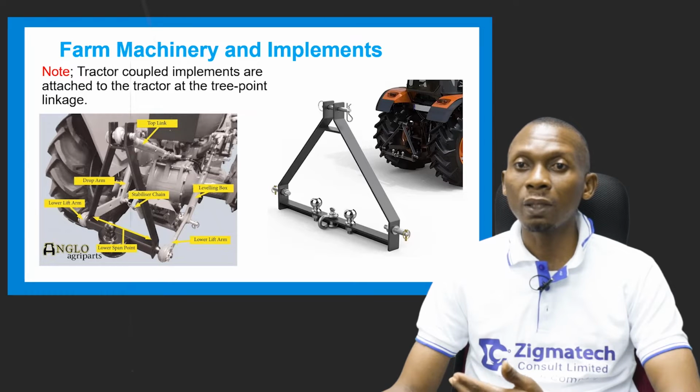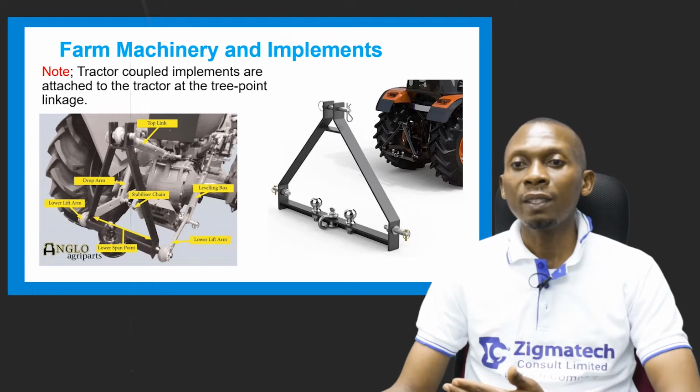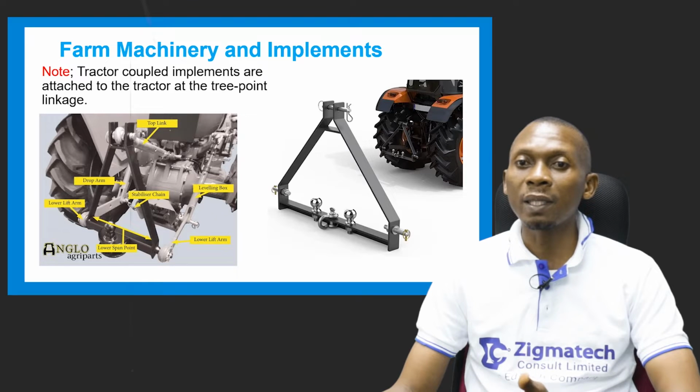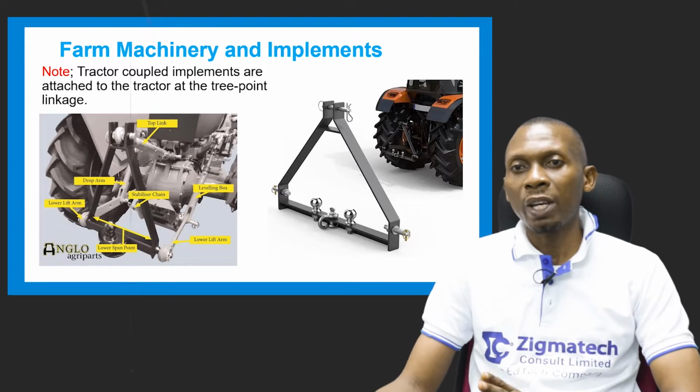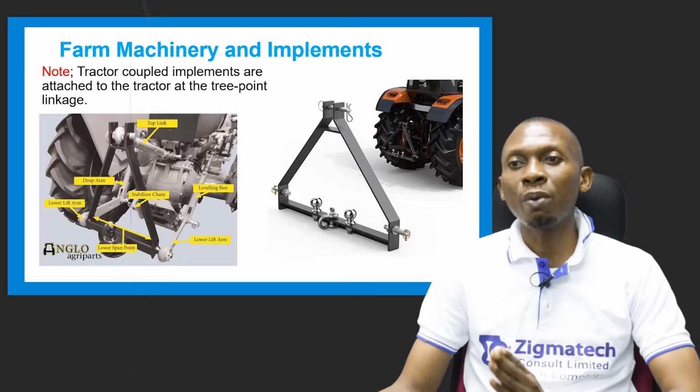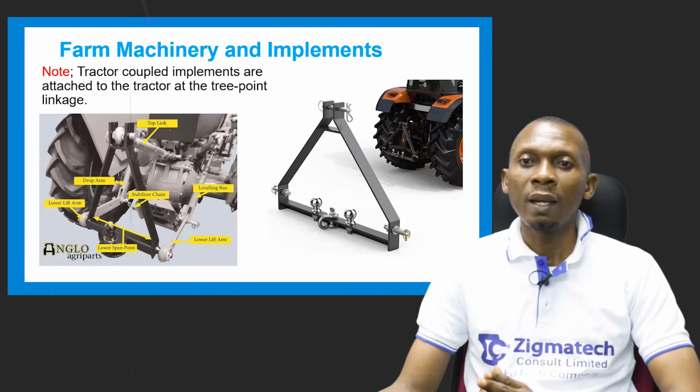The top is called the top link. You can see the top link, the lower lift arm. You can see the lower lift arm on both sides, left and right. You can see the stabilizer chain, the drop arm, the leveling box, and the lower span point. So this picture helps us to understand how a 3-point linkage looks.